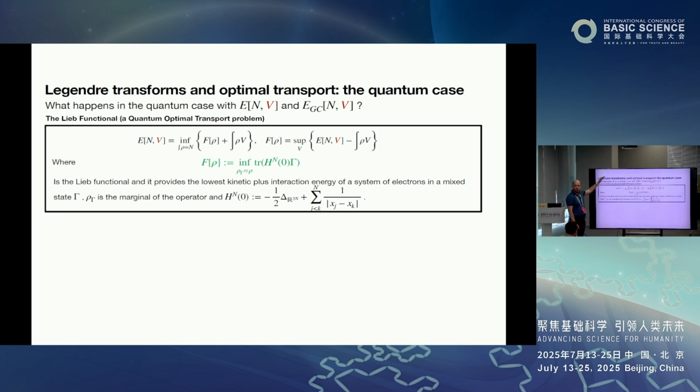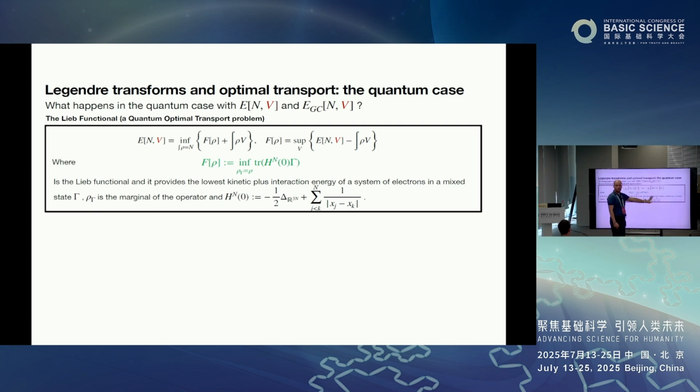But just before going to this, what we can do at the quantum level, because of course I'm using duality on the classical one, but you can use duality also on the quantum problem. And you can still have a dual problem, and this dual problem is very well known in theoretical physics, in quantum mechanics, because it's what we call the Lieb functional, and this functional keeps track of the kinetic energy and the electron repulsion of an atom or a molecule.